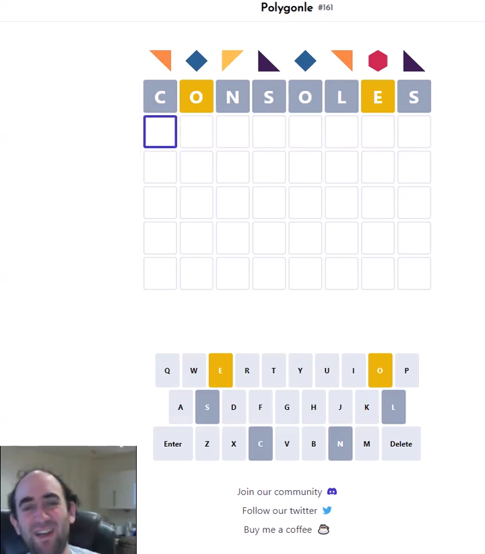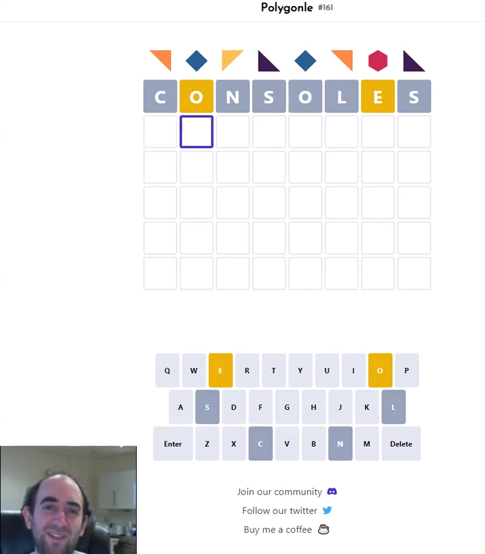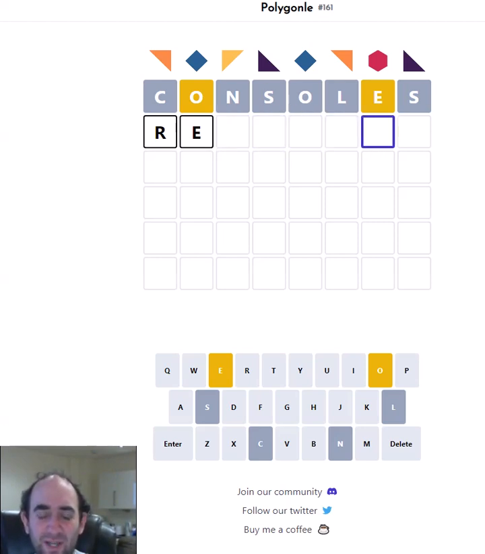I think this might have to be one of those where I just try another word that I know can't be correct just to get some more common letters. I want to know if the E is second, so let's start with an RE beginning. That would mean that the O has to be here, because I suppose it could be directly after the RE, but it's unlikely.